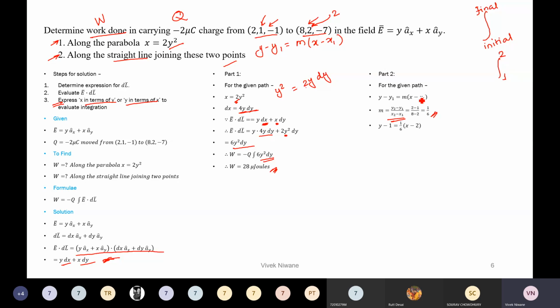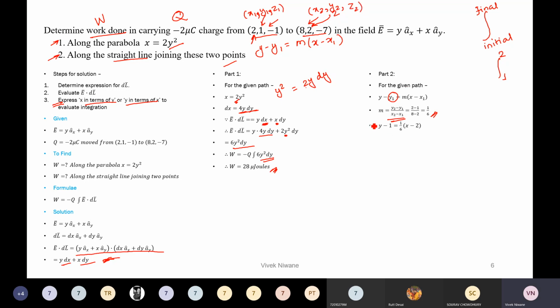So y minus 1, where y1 is the y coordinate, and m is 1 by 6, x minus x1, where x1 is the x coordinate. You can think about x1, y1, z1, and this is x2, y2, and z2.